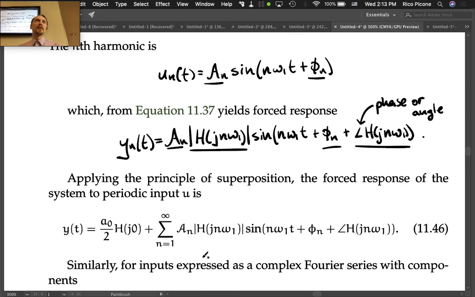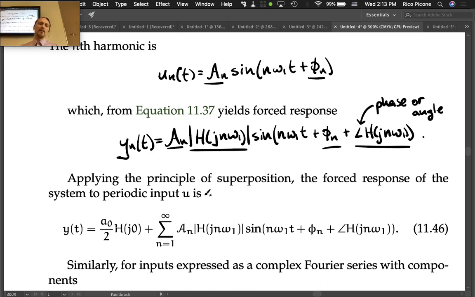One of the things it said was, if you have an input to a linear system that is a sum of terms, you can take each term separately, find the output for each term, and then sum those outputs to get the total output. And that's what we're going to do here.